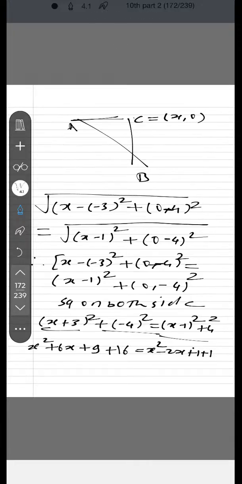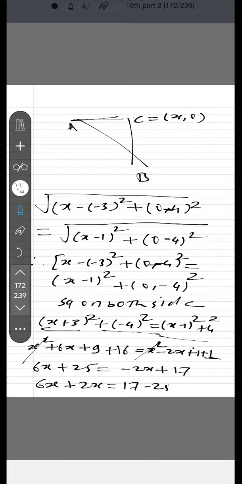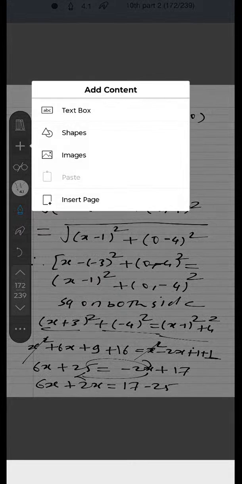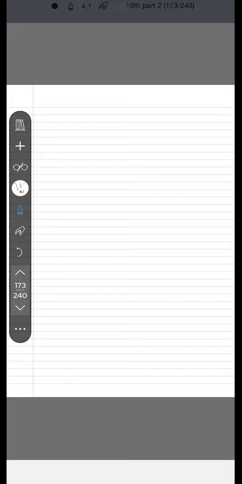Here is the 6, correct, 6 is there, so x square and x square get cancelled, and what will I get here? 6x plus 25 is equal to minus 2x plus 17. So 6x plus 2x is equal to 17 minus 25. This x goes this side, 25 comes this side. Okay, simplification. What did I do here? Simplification.